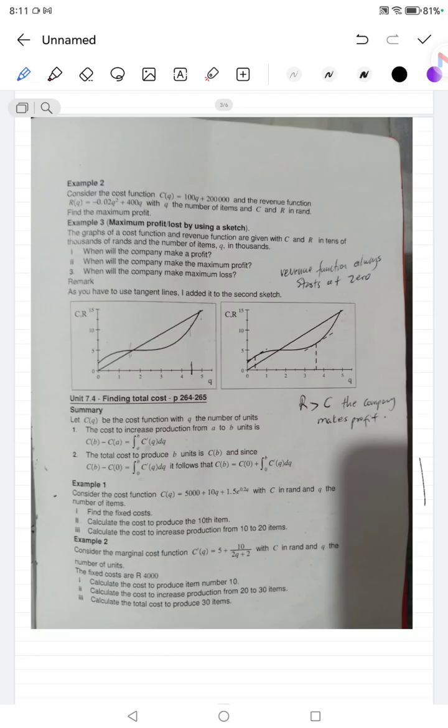They say the graph of a cost function and revenue function are given with C and R in tens of thousands of rands and the number of items Q in thousands. So they're asking, when will the company make a profit? When will the company make the maximum profit? When will the company make the maximum loss?